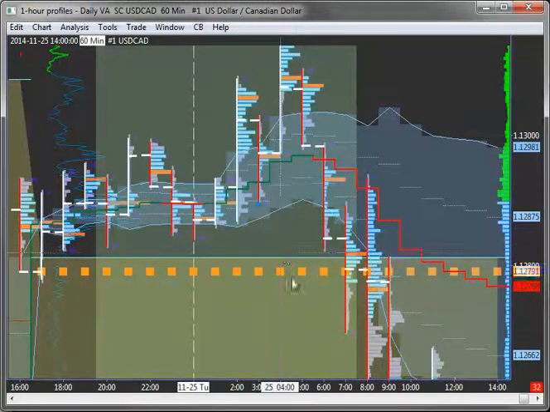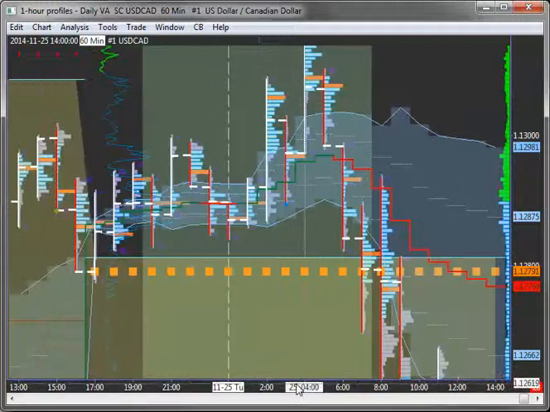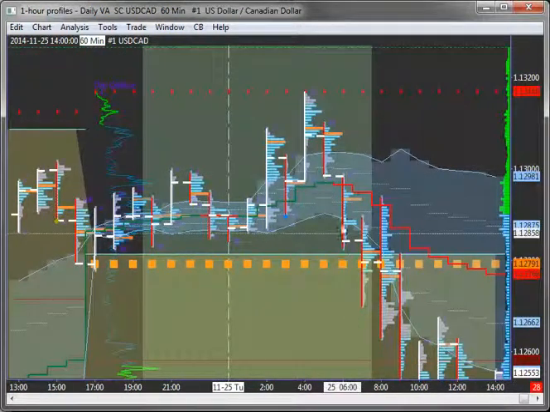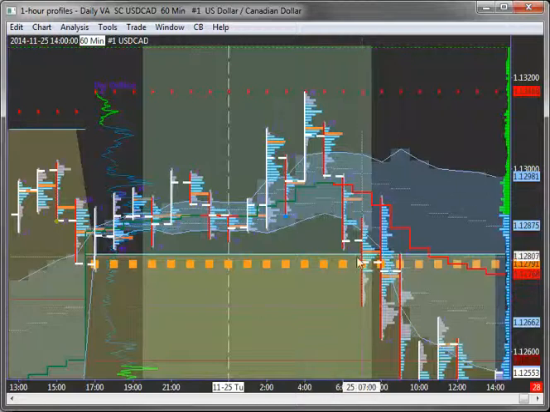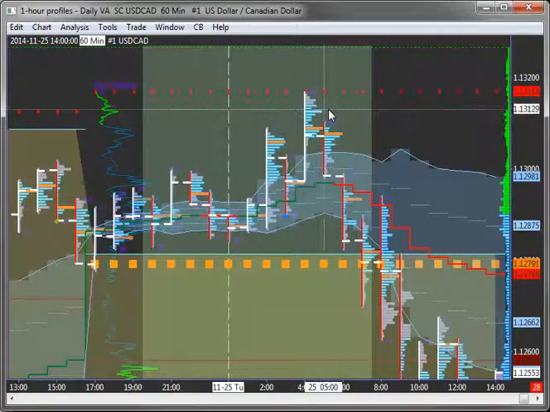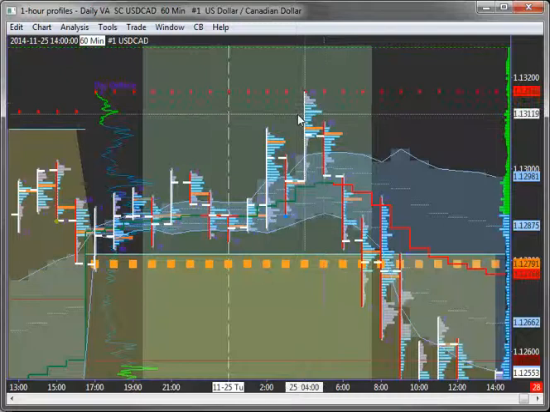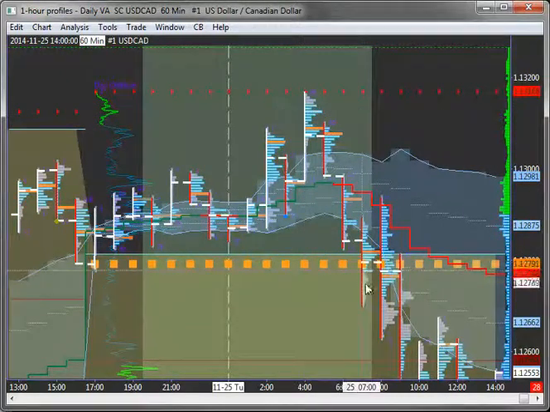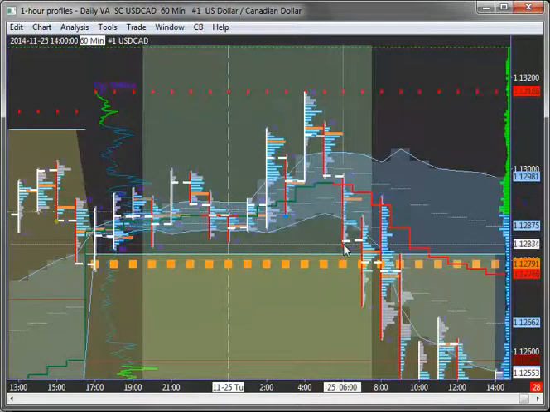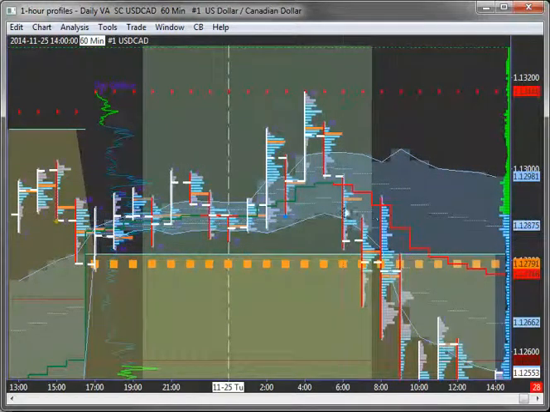Now I have to be alerted to this information that's available to me. We've got a move up here, which now potentially looks like misdirection or a shakeout, and then they move down, close on the low, move down, close very close to the low, but we did leave in some thin areas here.